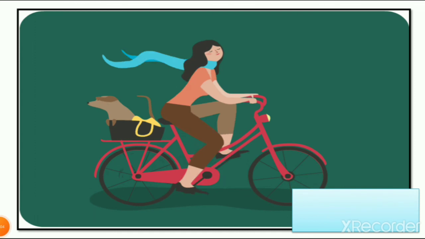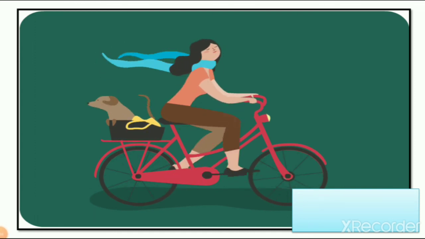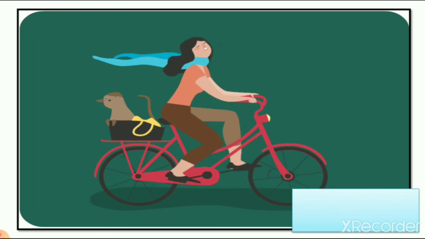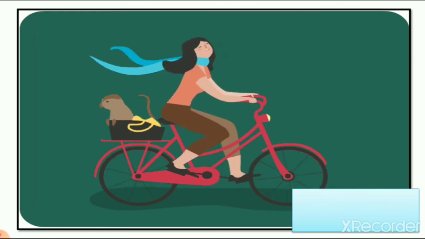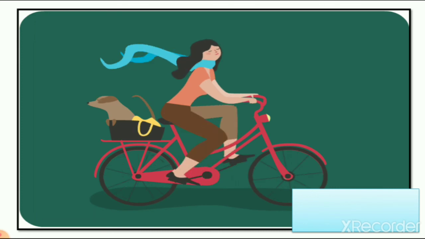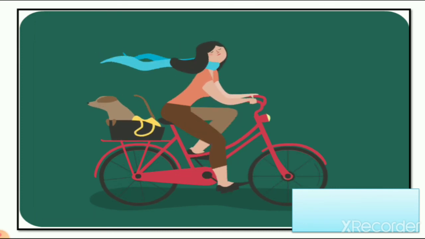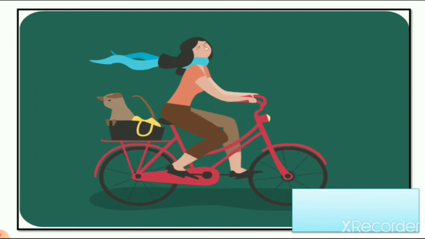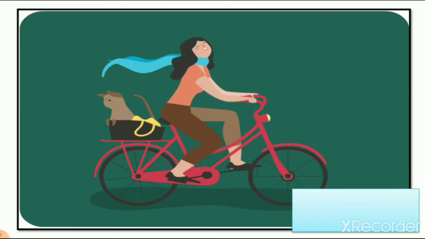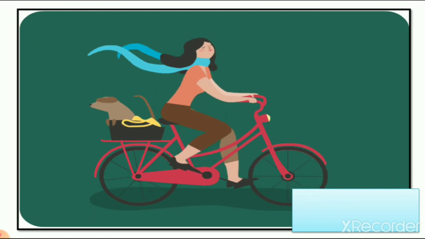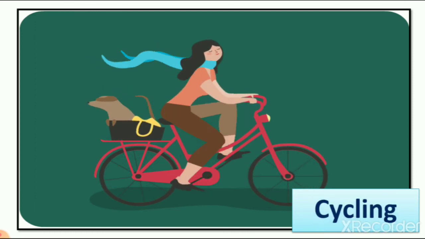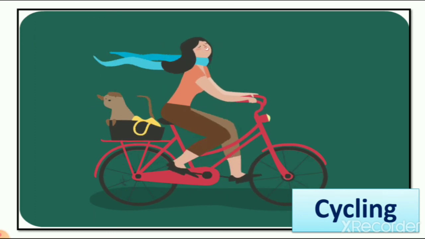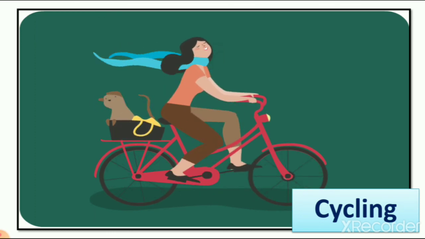Now what do you see on your screen? One girl is going on a bicycle. You can see which body part the girl is using to ride the bicycle. It is our leg. So we do cycling with our legs, right? So you can understand that we ride different vehicles with the help of our legs, right?